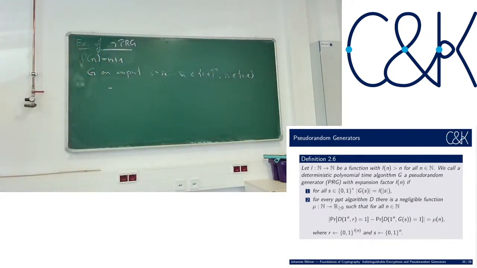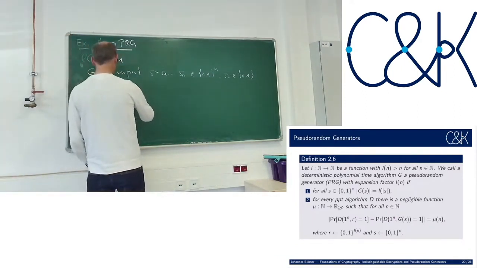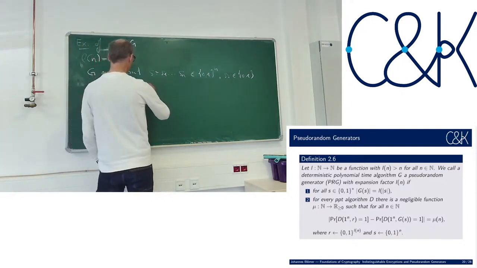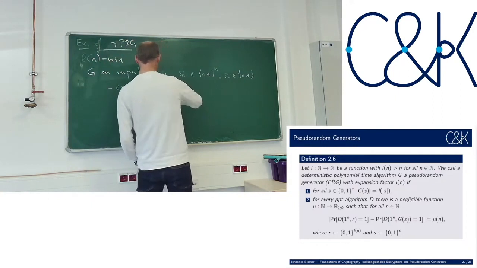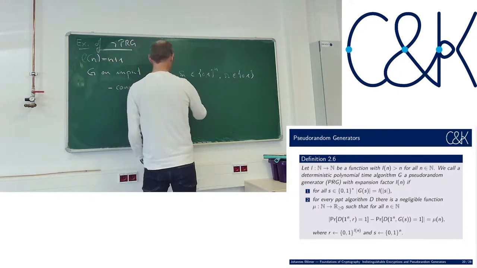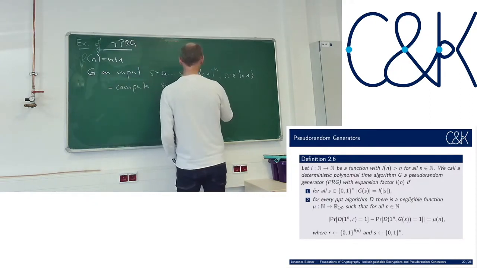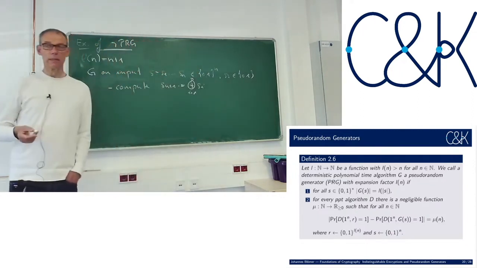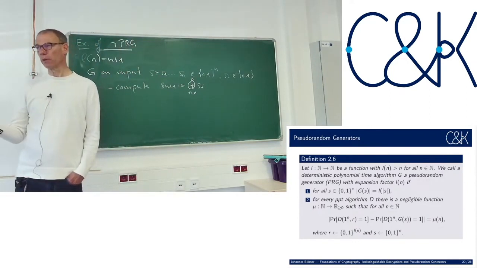How do we do that? Output: compute Sn plus 1 as the XOR of the bits in S, the XOR of all of them.